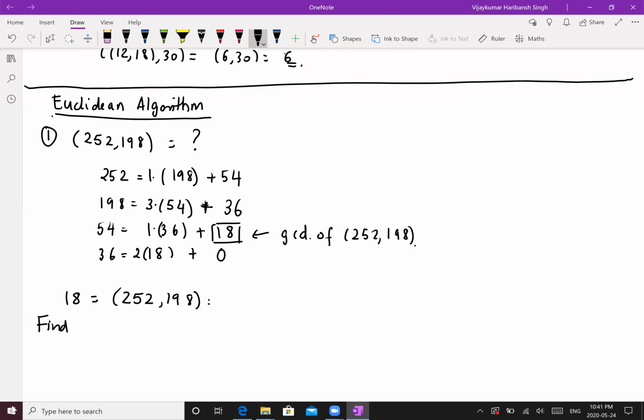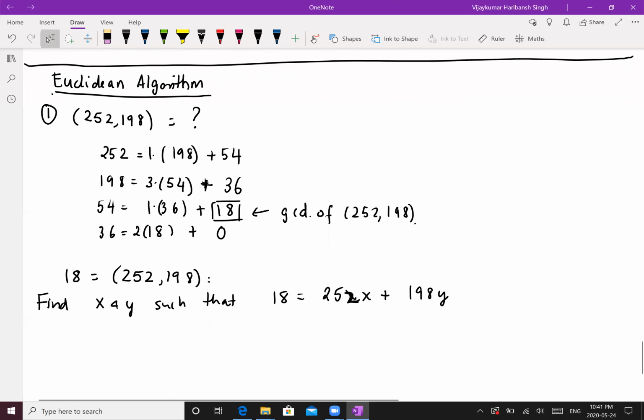But find x and y such that 18 equals 252x plus 198y. This is basically finding x and y such that this holds, so some x and y which satisfy Bezout's theorem.